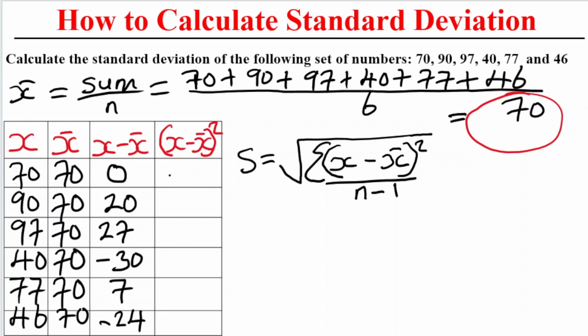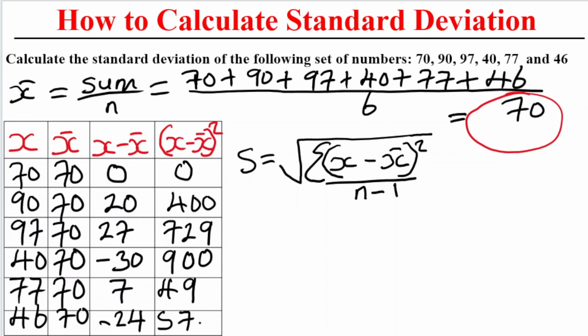Square 0 gives 0. 20 times 20 is 400. 27 squared is 729. Then 30 squared is 900. 7 squared is 49, and 24 squared is 576.